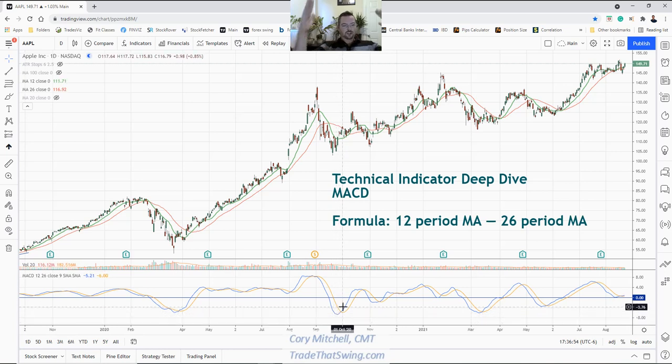Those moving averages are starting to move closer together. That may or may not mean that the price is going to turn higher and continue higher. Sometimes it may continue a lot higher. Other times it may continue a little bit higher. We don't know. But it is telling us those moving averages are getting closer.